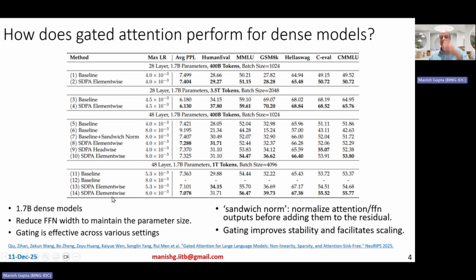However, with SDPA element-wise gated attention, it doesn't diverge. In fact, it leads to higher performance and lower perplexity. So gating improves performance, it improves stability, and therefore leads to better scaling. You can use larger batch size and larger learning rate, and the training does not diverge.